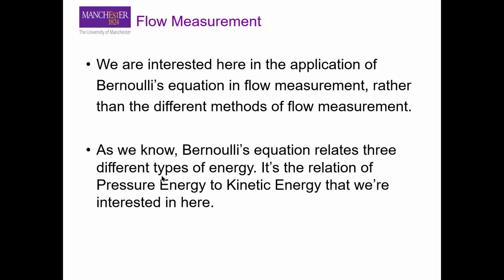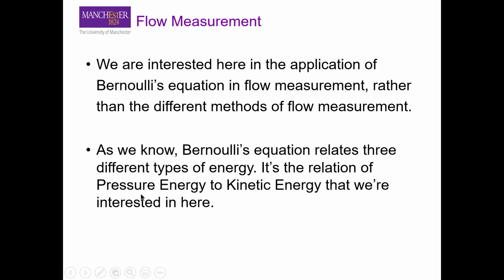We can measure that change in pressure by using, for example, the devices that we discussed in lecture 2. Then we can use that change in pressure through Bernoulli's equation and convert it into fluid velocity in the system. Okay.